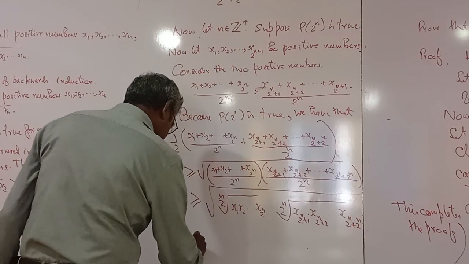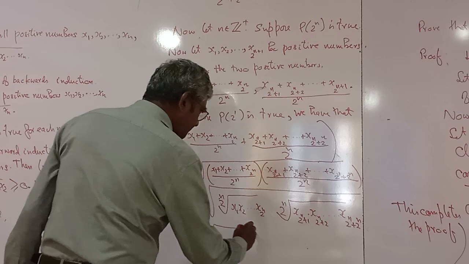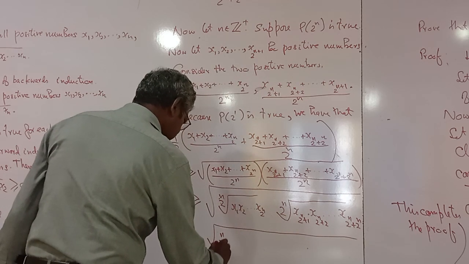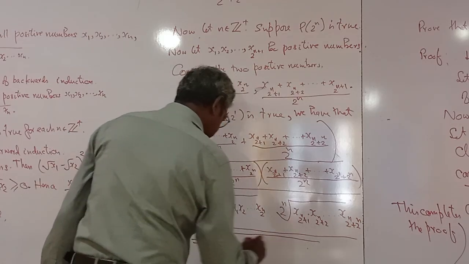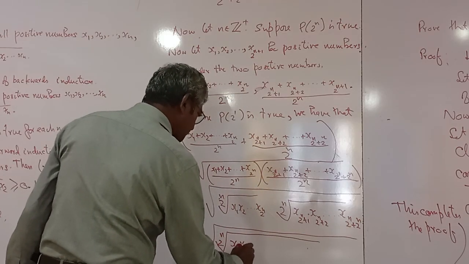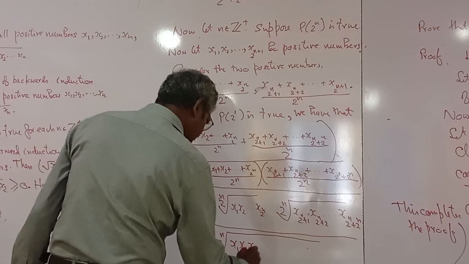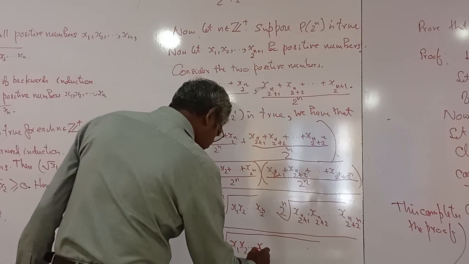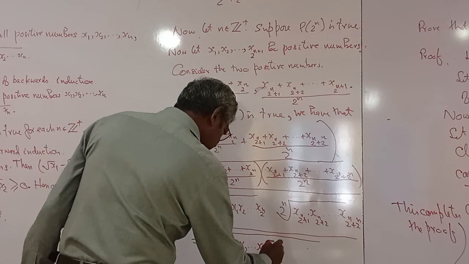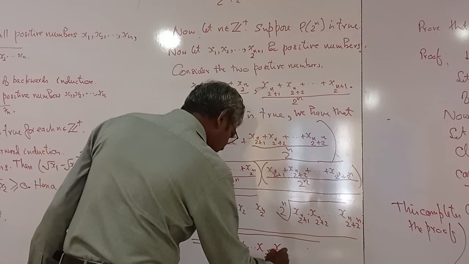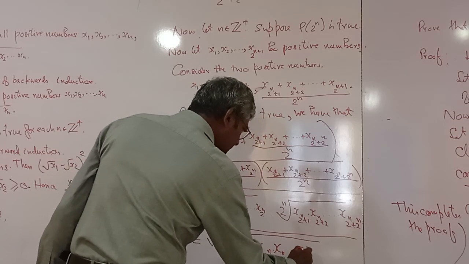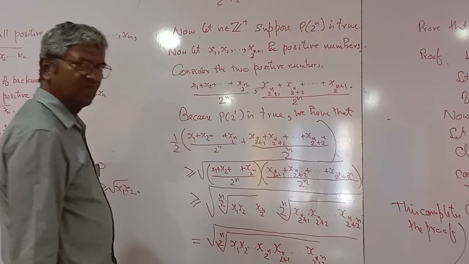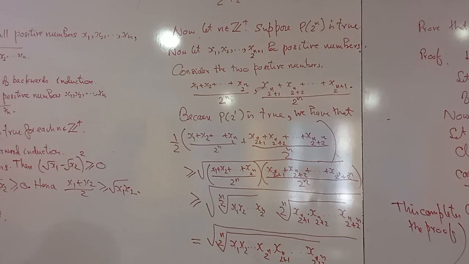So this one is equal to the square root of the 2 to the n-th root of x1, x2, up to x of 2 to the n, times the 2 to the n-th root of x of 2 to the n plus 1 up to x of 2 to the n plus 2 to the n.